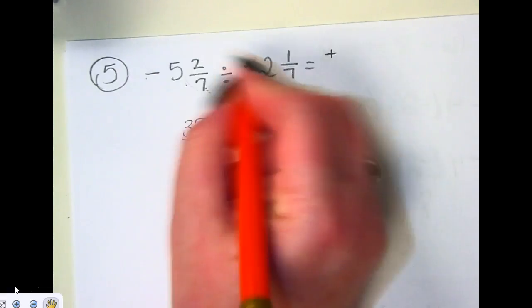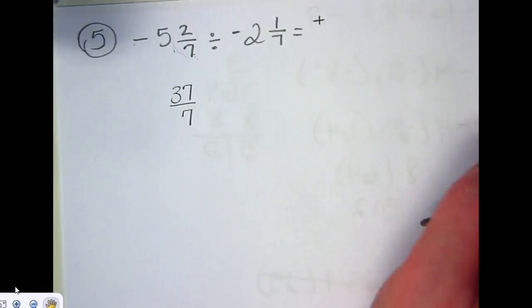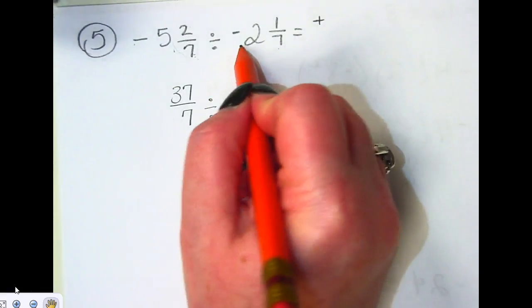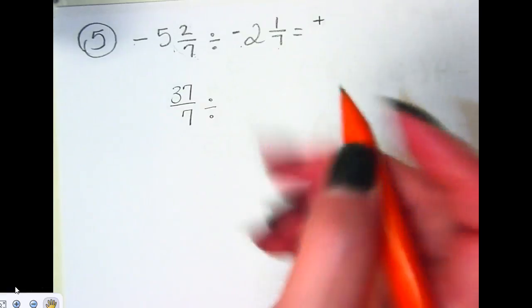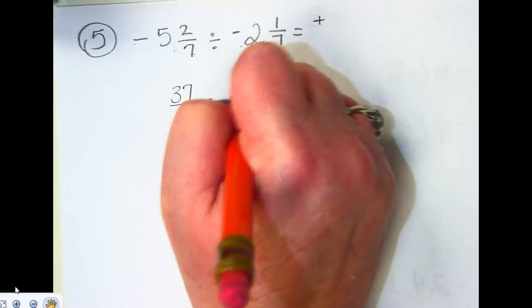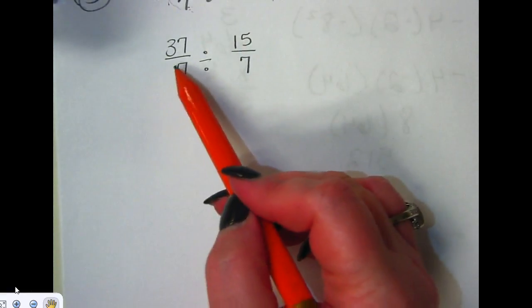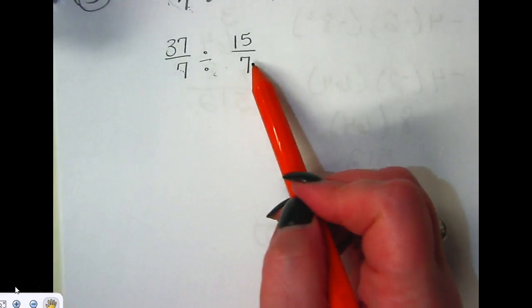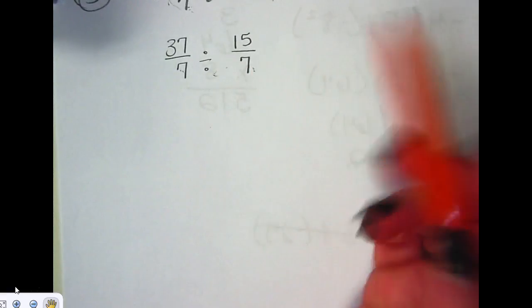And remember, I've already dealt with those negatives, so I don't have to bring those down. Divided by 7 times 2 is 14, plus 1 is 15 sevenths. Now, to divide a fraction, you keep the first, change to multiplication, and use the reciprocal, which is 7/15.